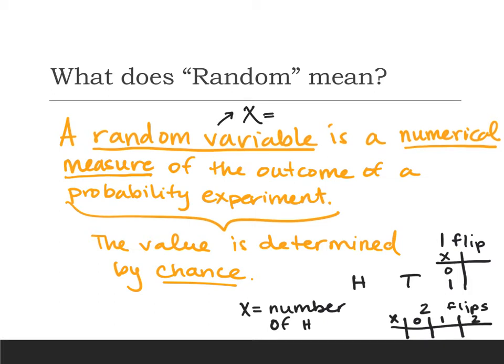They could both land on heads. So I have different numerical measures now for the outcome of a probability experiment. So my experiment is flipping a coin, or flipping 2 coins, or flipping 15 coins if I wanted to. I would be crazy, but we could do it. So that's what we mean when we say random in probability.